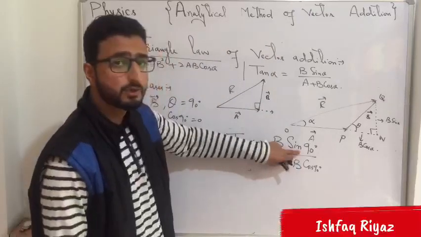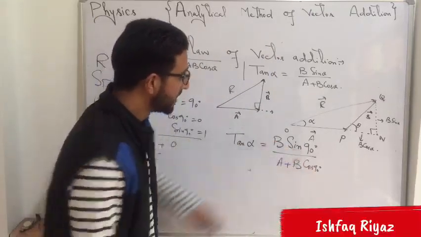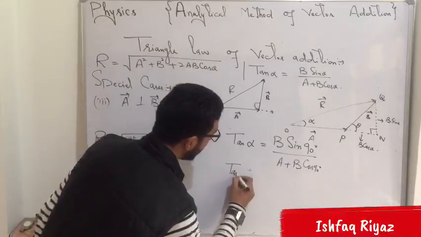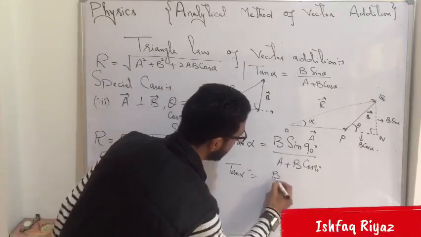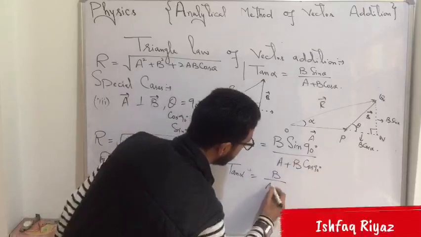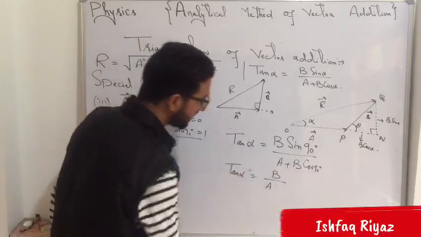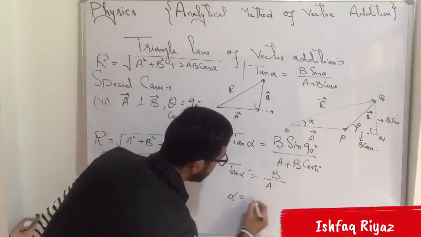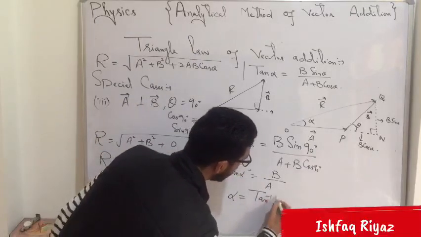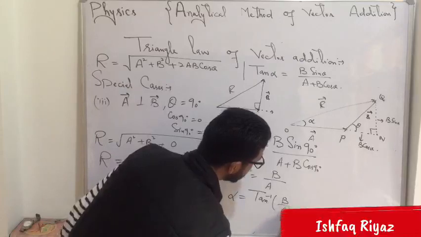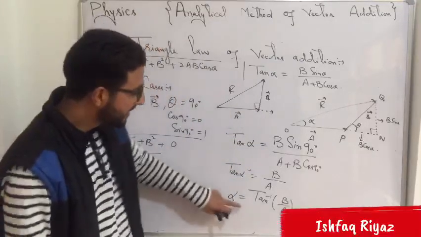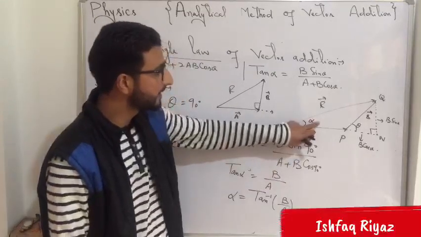Sin 90 degree is equal to 1, cos 90 is 0. So tan alpha is equal to b sin 90 is 1, divided by a plus cos of 90 is 0, 0 into something is 0, so it is b by a. Simply I will write alpha is equal to tan inverse b by a. So this expression will give the direction of the resultant vector R.